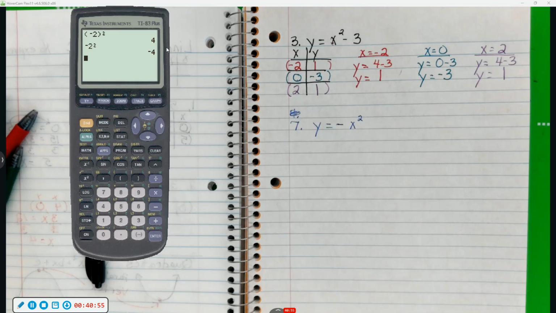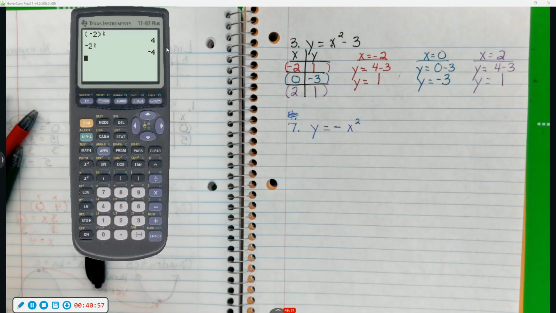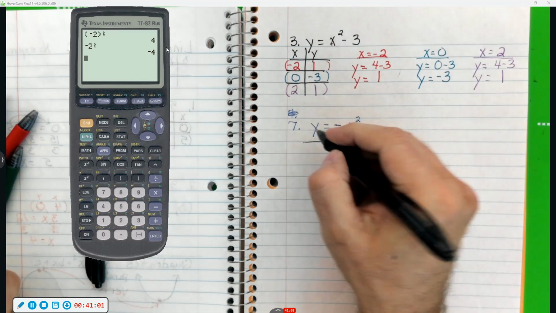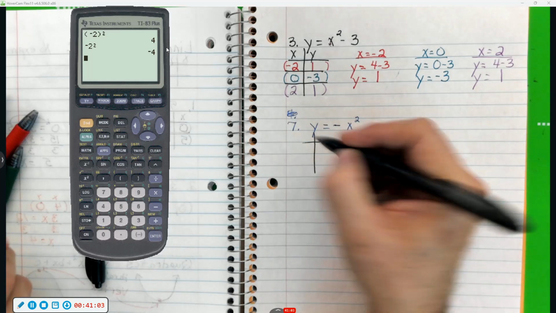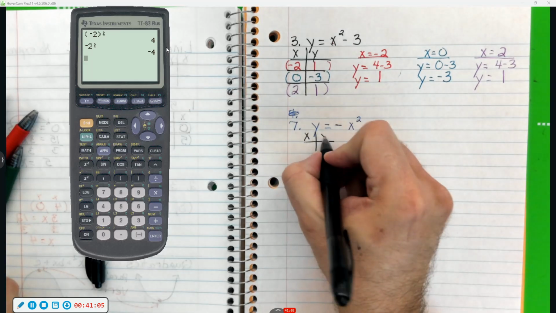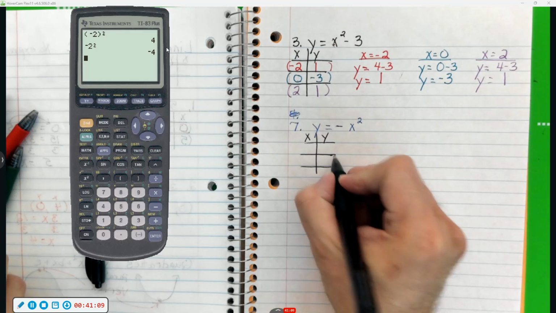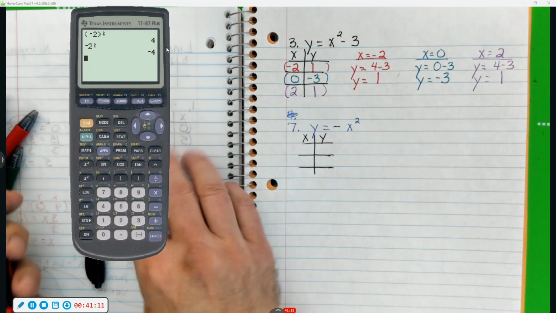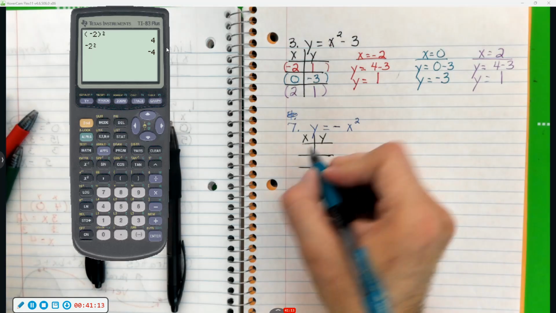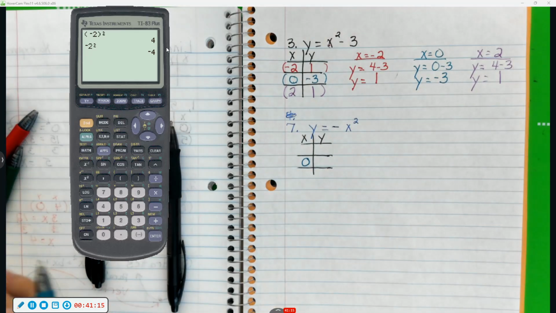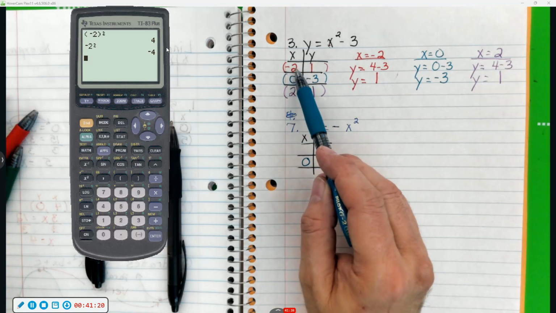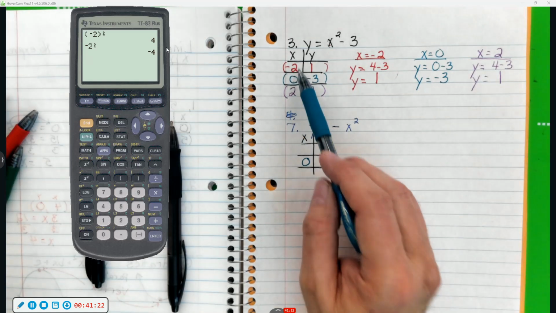But for problem number 7, where they didn't give you the numbers, I'm still going to write an XY table. And you're going to have to plug in a 0, and then a negative number and a positive number. I think using the same numbers we used right here would be a good idea.